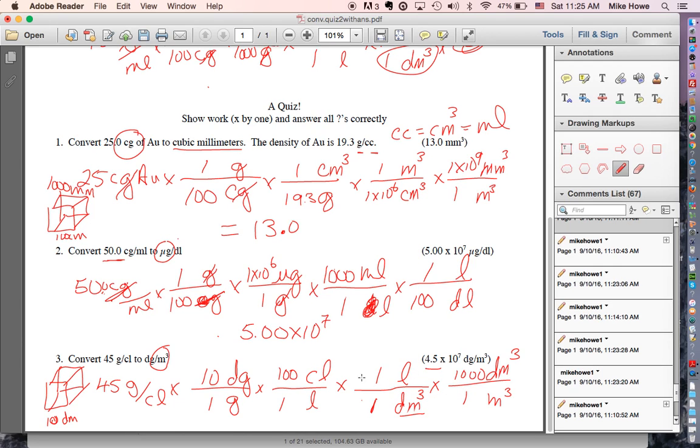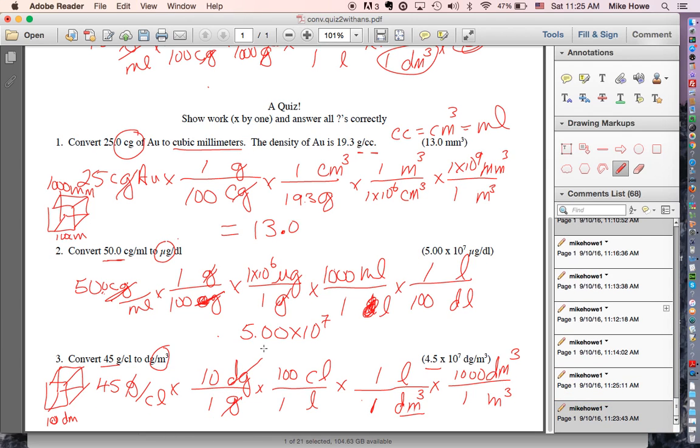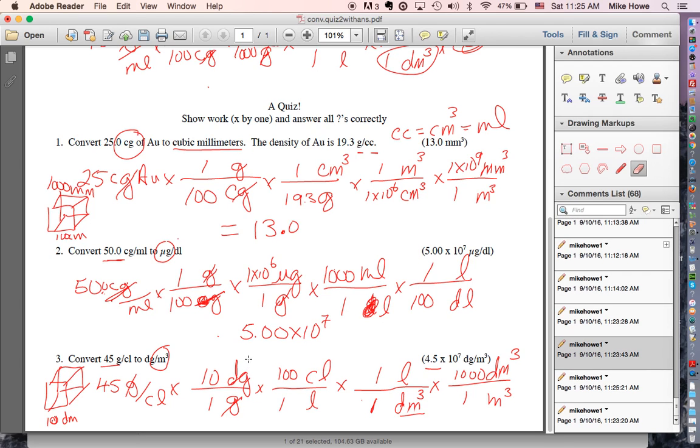Notice 2 sig figs because over here, there are only 2 sig figs. All right, and in terms of units, we've canceled grams, we've canceled, we didn't cancel decigrams. Oops, that was a mistake, sorry. So we did not cancel decigrams, but we did cancel centiliters.